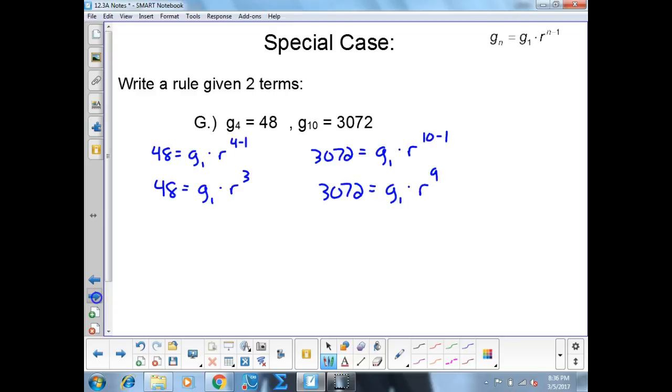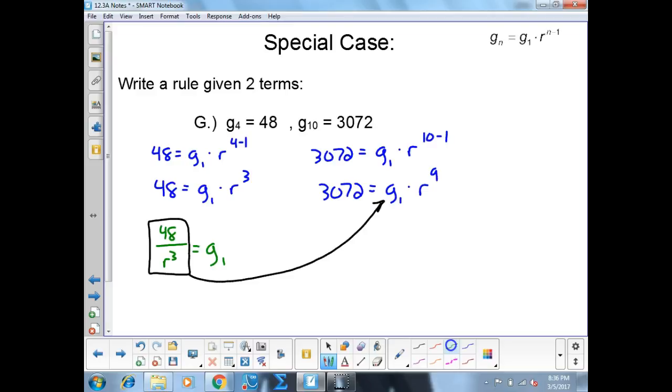Again, my left one has a smaller exponent on r, so 48 divided by r cubed there is my first term, and then that is what I'm going to substitute in there.